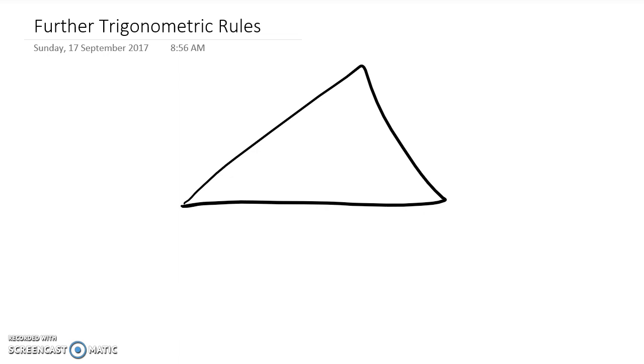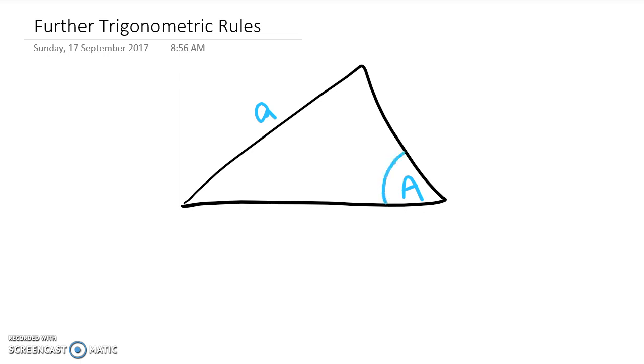The little letters, so little a, corresponds to angle big A. So if we have a look, the little letters represent the lengths of the sides, the big letters, or the capital letters, sorry, indicate the size of the angles.